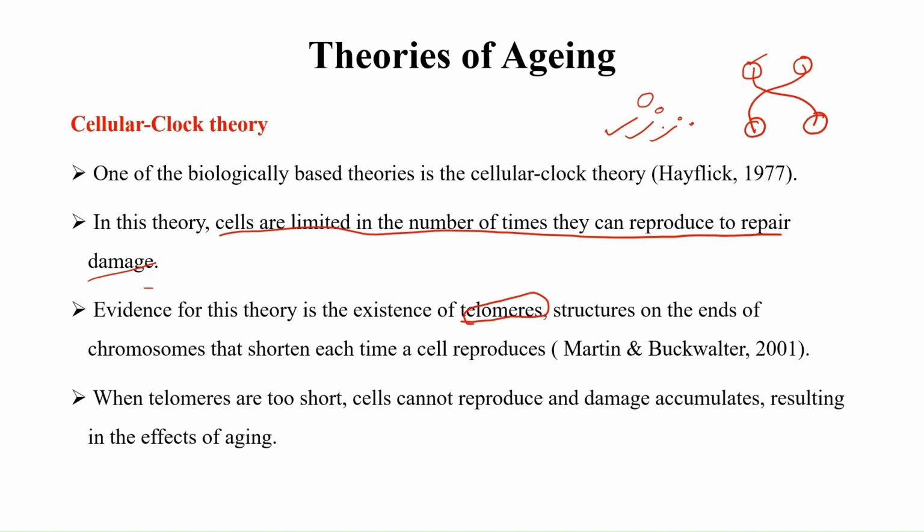They say this is one of the reasons why an individual ages. When the telomeres are too short, the cells cannot reproduce, and the damage accumulates and results in the effect of aging. So this is what cellular clock theory talks about. Basically, a particular cell can be reproduced only a certain number of times, it is limited, and this is the reason why aging is happening.